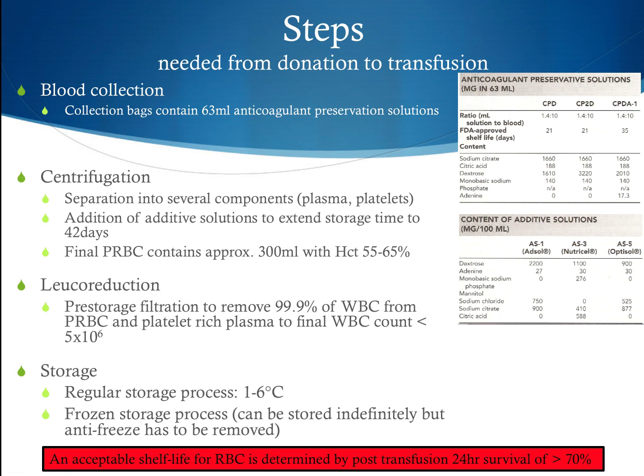So the final packed red blood cell product contains about 300 mLs of solution, and the target hematocrit is between 55 to 65%. Before this gets stored, though, there's an additional filtration process to filter off the white blood cells.